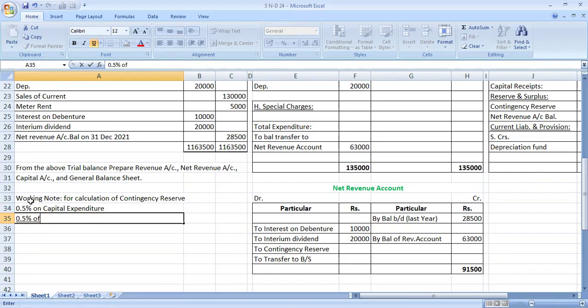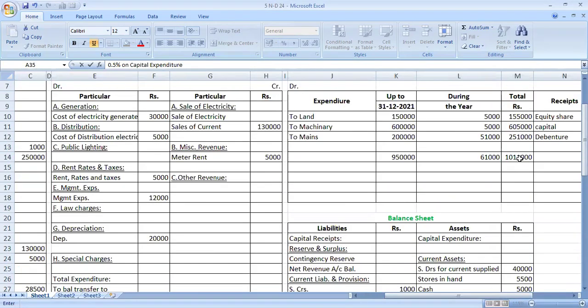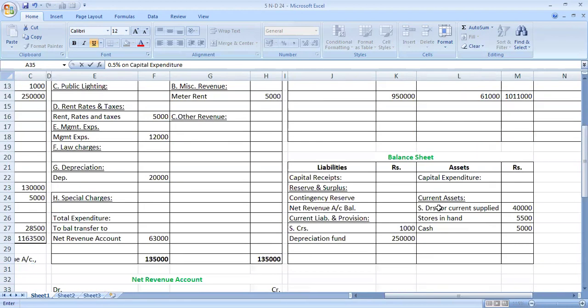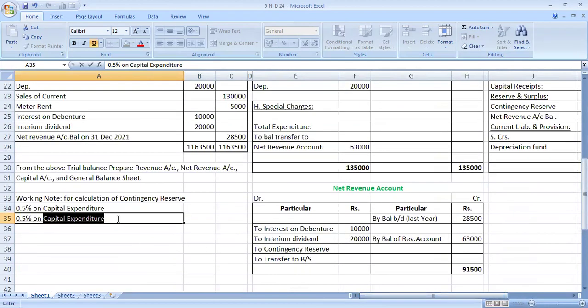What is the amount of capital expenditure? I have calculated it recently. This is the total of capital expenditure, 10 lakh 11,000. 0.5% on 10 lakh 11,000 is 5,055.